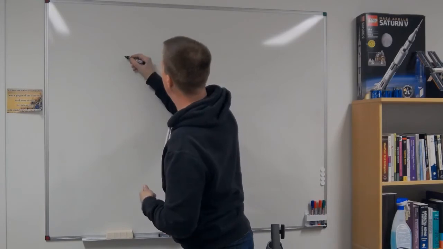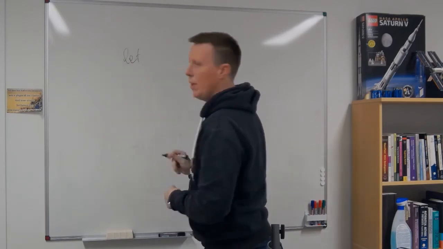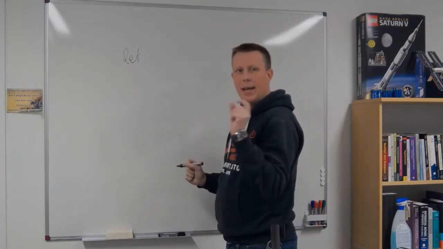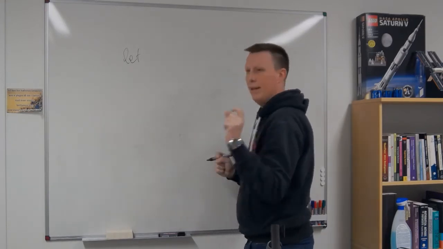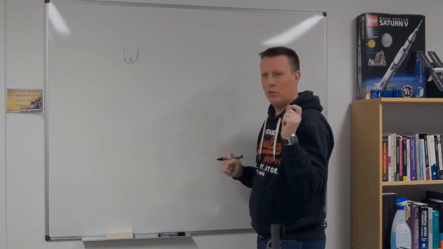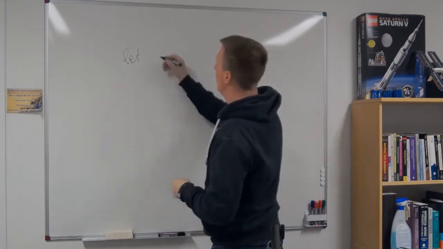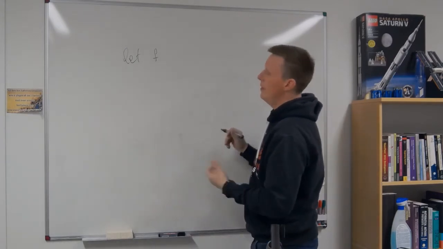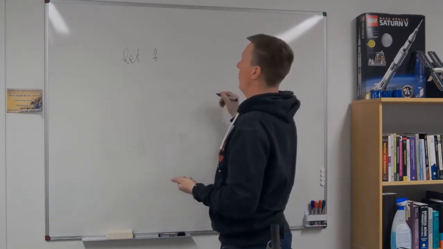So in F sharp we can define a function by using the keyword let. Let is basically a keyword to bind a value to a name. So we can call this name f, and let is also the keyword for defining functions.